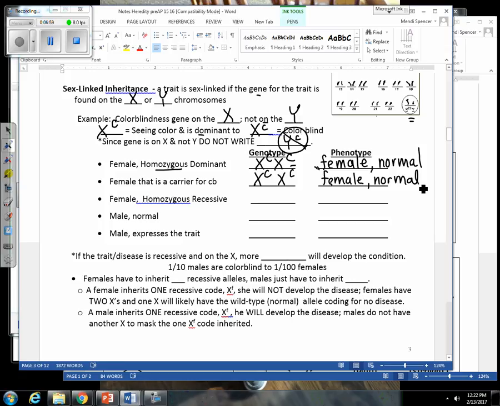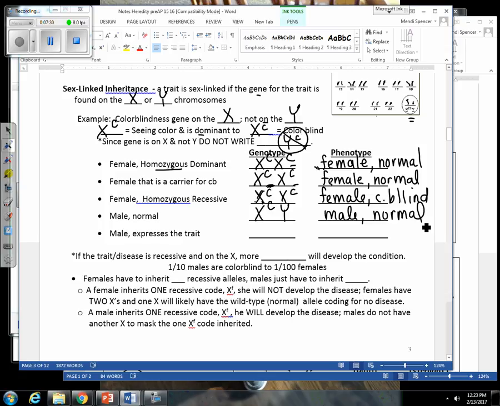A female who is homozygous recessive would have 2 codes for color blindness. So we're going to say XX with the little c's, and that phenotype would be female, colorblind. A male with normal eyesight would be an X with a capital C and a Y. Again, the phenotype would be male, can see normal.